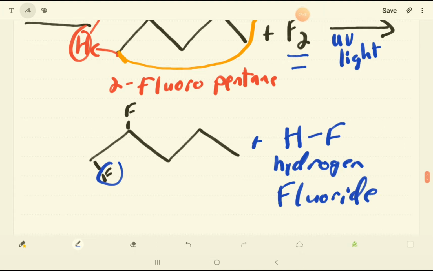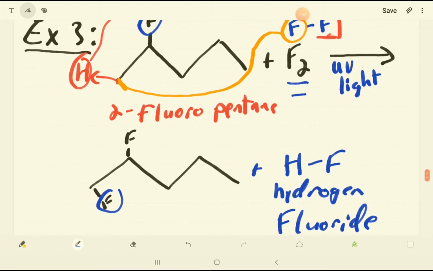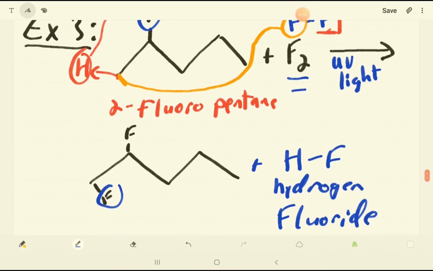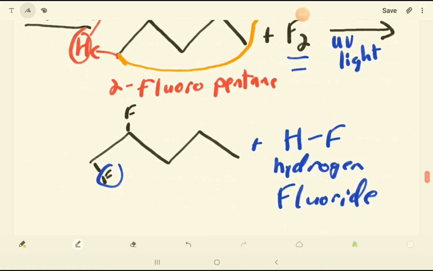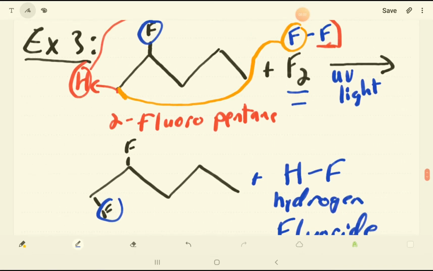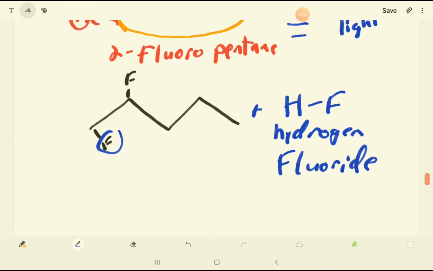And so no bonds were broken. The hydrogen was substituted once again, and the initial reactant was an alkane, and so this still qualifies as a substitution reaction. And this would be 1,2-difluoropentane.